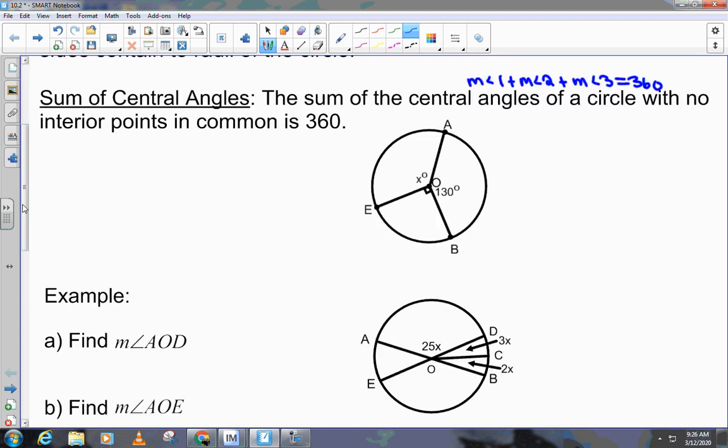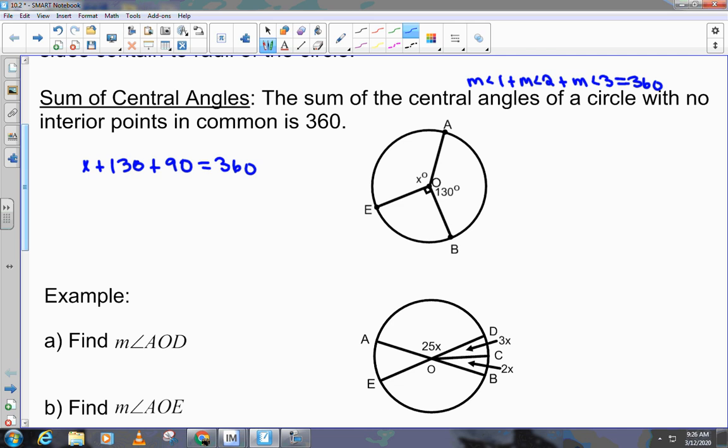So looking at this example right here, okay, we have this angle AOE is X, AOB is 130, and then I have that little right angle symbol here, okay? So what's going to be true about all these added together? They equal 360, okay? So I've got X plus 130 plus 90 equals 360.